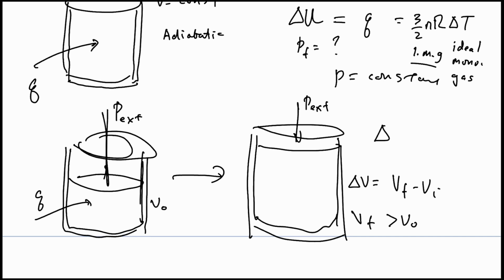So what is delta U? At the end of the day, the gas has some energy in it, and we'd have to calculate what it was. There's Q, but what did the gas do? It expanded, right? So it did work.